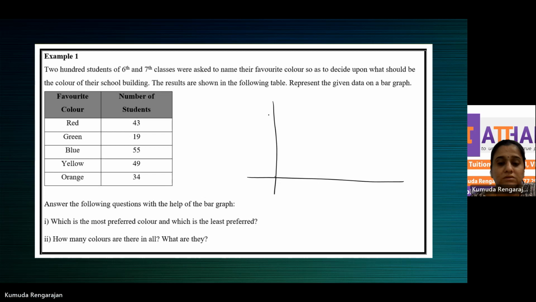See here. This is 0. This is 0. Okay. Subdivision. All these are the subdivisions 1, 2, 3, 4, 5.